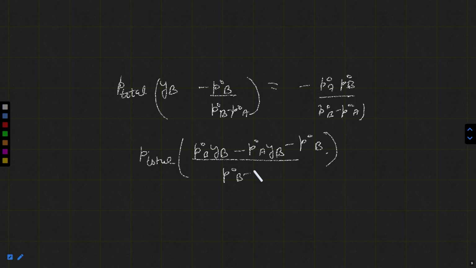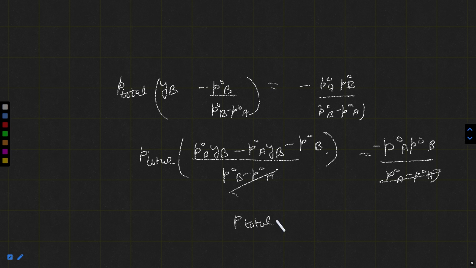P naught B minus P naught A. And it will also be P naught A minus P naught B multiplied by each other by P naught B minus P naught A. These both will get cancelled.